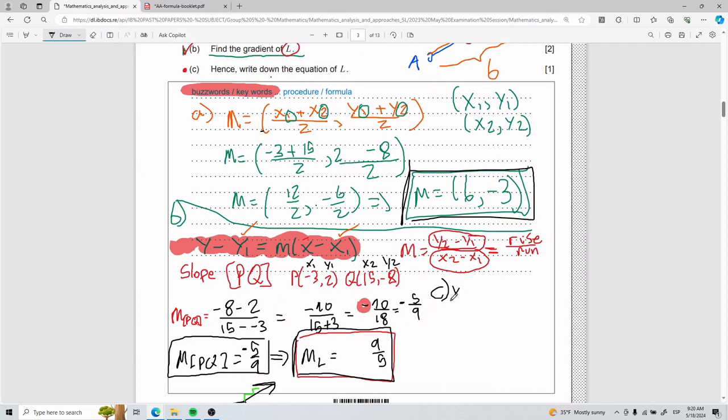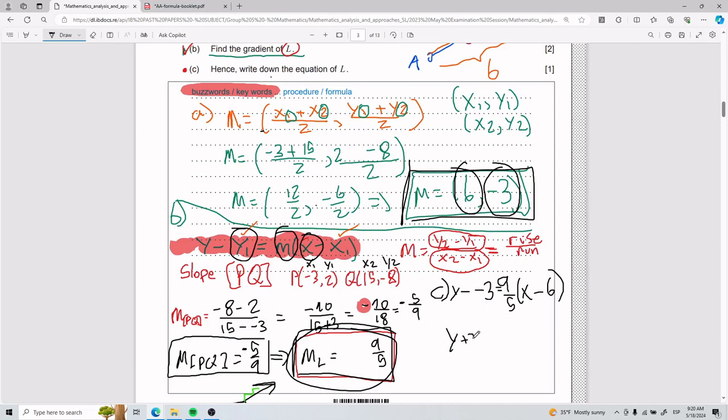So it ends up being y minus -3, because of this guy here, right? Equals your slope, because of m, so 9 over 5, times x minus your x1, which is 6.